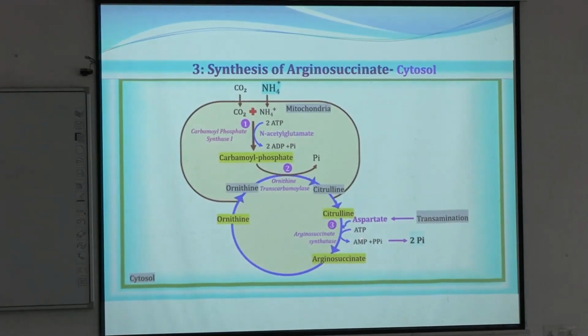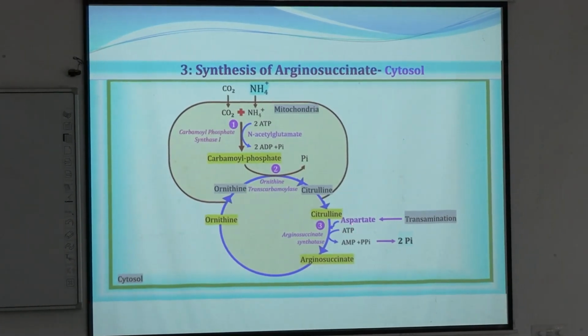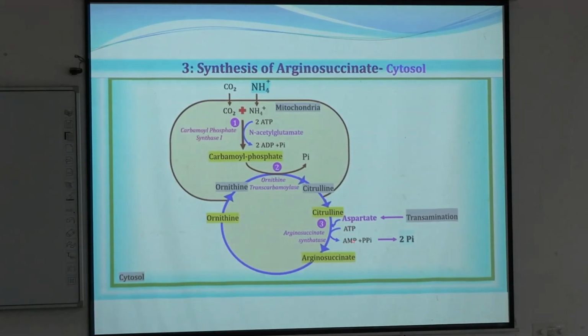Arginosuccinate, and here again one molecule of ATP is getting used, but see, the end product of ATP is AMP and inorganic pyrophosphate, which will further be broken into two inorganic phosphates. So this is equivalent to 2 ATPs, as two high energy bonds are broken here.